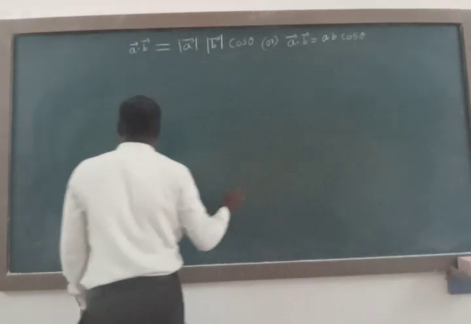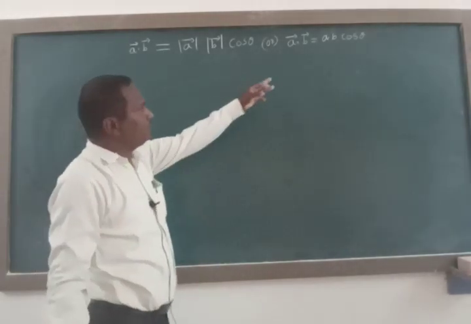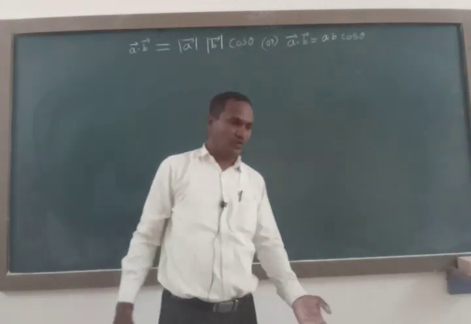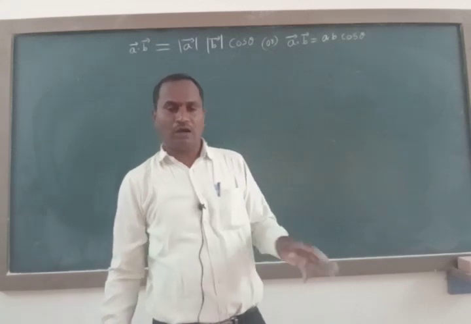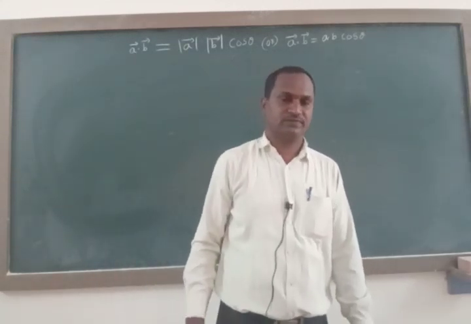Now based on this we can write some important points. The value of A bar dot B bar is positive, zero, or negative according to the angle between the two vectors.